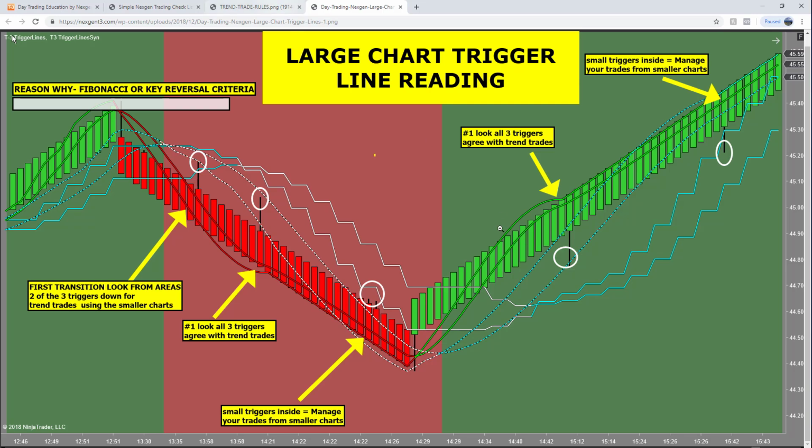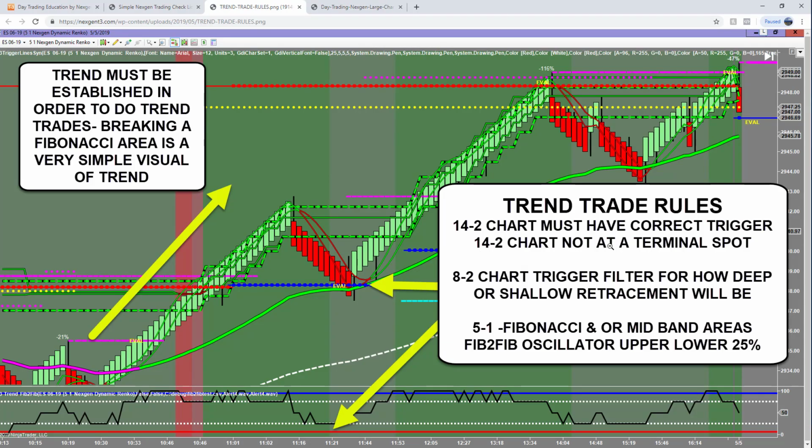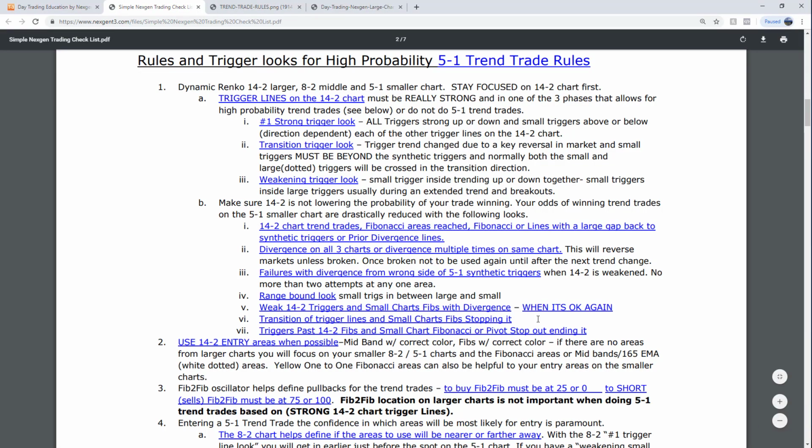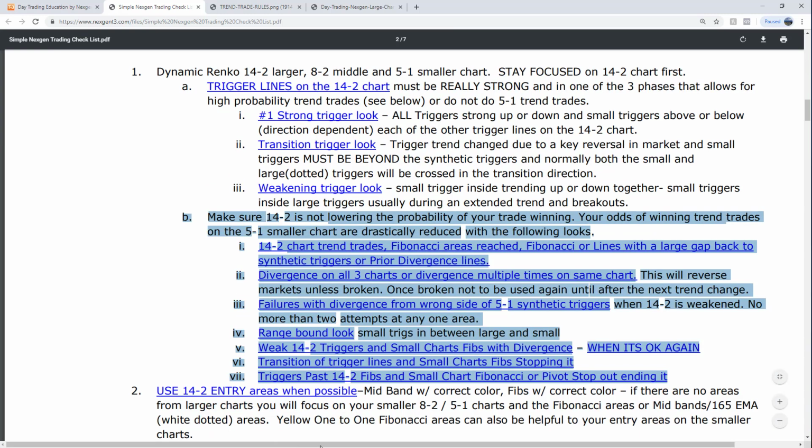So step number 2 is let's make sure we're not at a terminal spot. A ton of fibs or a prior divergence high from a big chart. Everybody understand that? So again, we're going to make sure that we don't have one of these things right here. Well, I won't go through each of them, and again, you can study them.